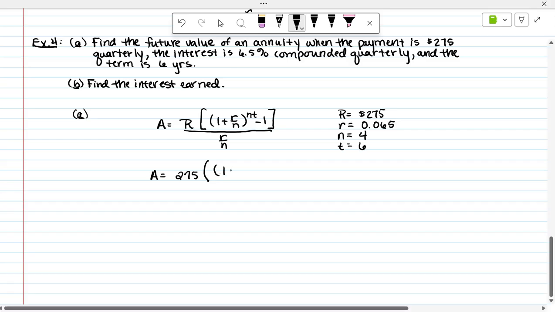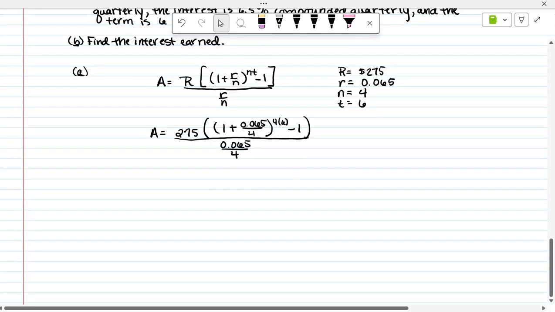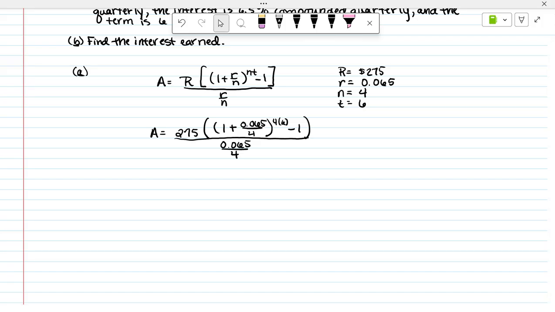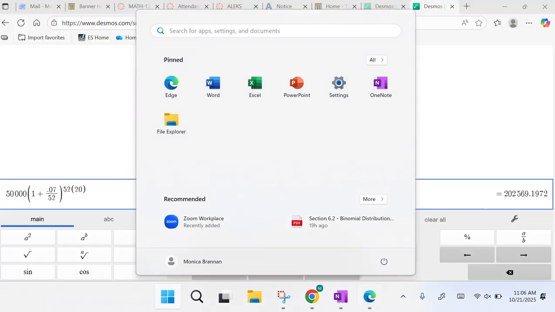So we have parentheses, then we have 1 plus 0.065 all over 4, to the 4 times 6 minus 1. And then I'm going to close those parentheses. Then I'm going to divide by 0.065 all over 4. Okay, so let me go over here and see if I can get that built.